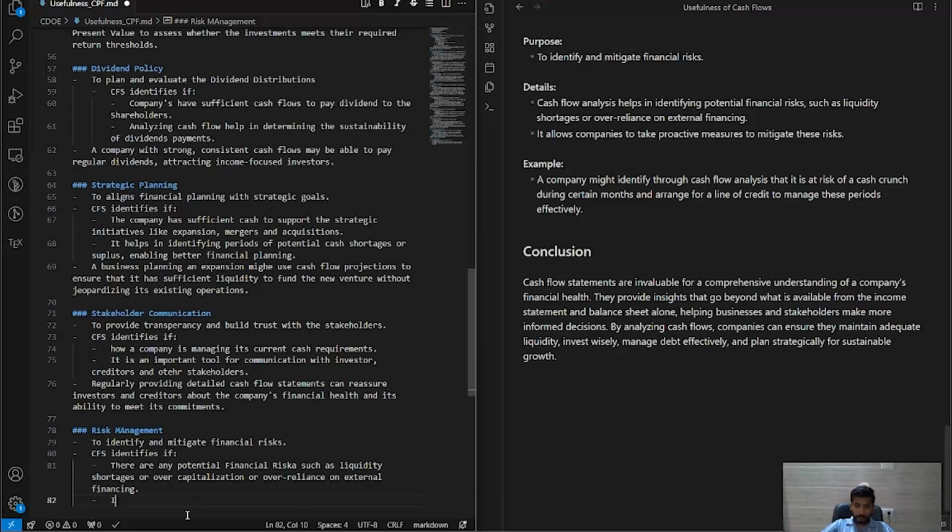Okay, it also allows companies to take proactive measures to mitigate these risks.